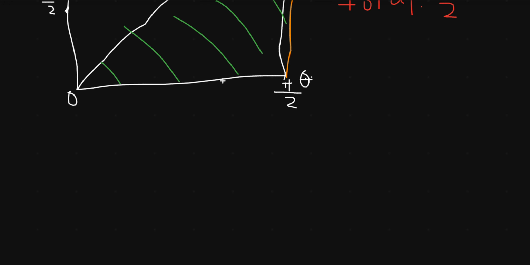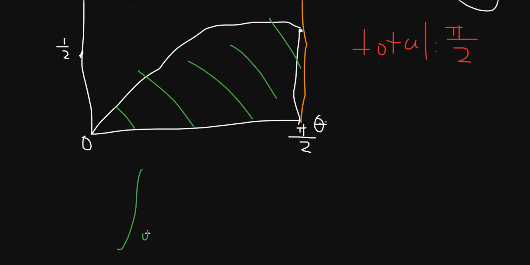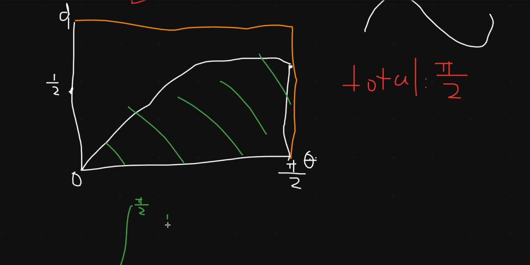According to calculus, we can use integrals. First of all, we have the integral from 0 to pi over 2 of half sine theta d theta. This is how you solve for the area.